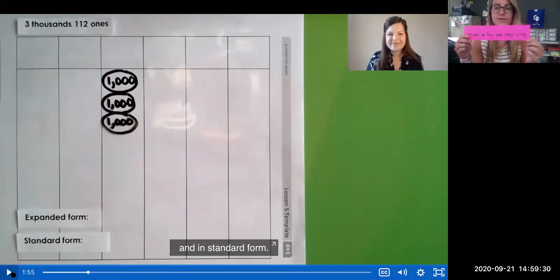After you do that, remember, expanded form is pulling out the values of each digit and showing all of those added together, and standard form is just the normal, regular way of writing the number.